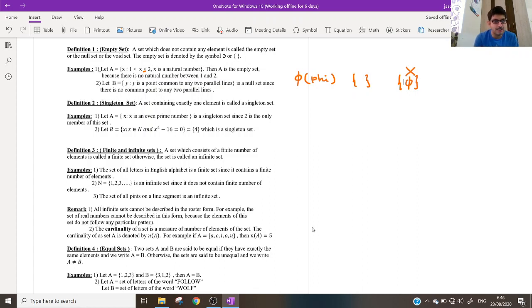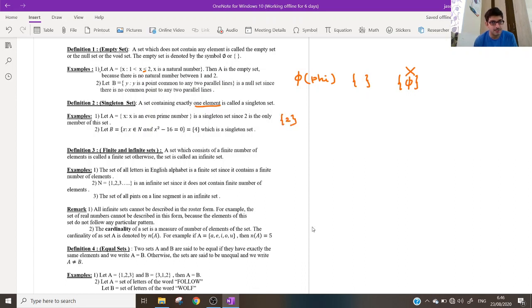Next is a singleton set, a set containing exactly one element. A set containing exactly one element is called a singleton set, so it will have only one element. For example, x is an even prime number, so the only element of this set is 2.